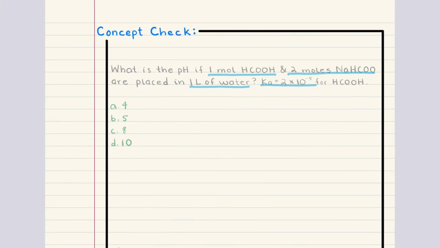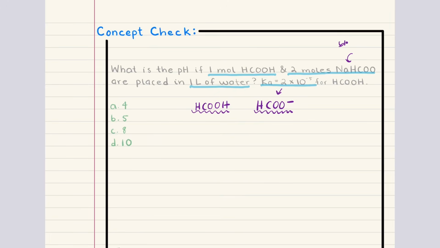Before we calculate anything, we should identify the situation. There are 2 species that are present here, and they are a conjugate pair. We have formic acid, which is a weak acid, and we have sodium formate, which supplies its conjugate base, formate, HCOO with a negative 1 charge.